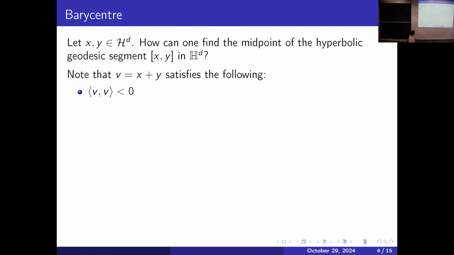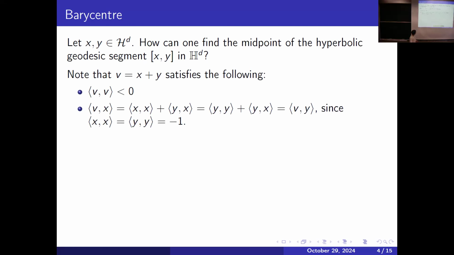You can just write down (x + y) times (x + y), then expand, and you will see that you get x·x and y·y, both are -1, and also you obtain 2 multiplied by x·y. Since we know that the product of x and y is negative, the entire scalar product is negative.